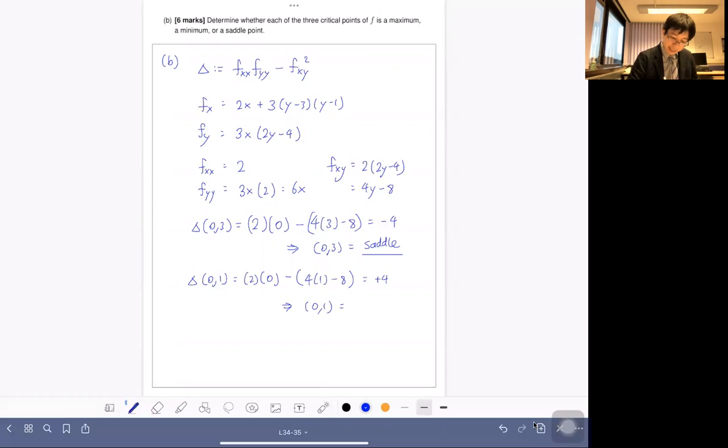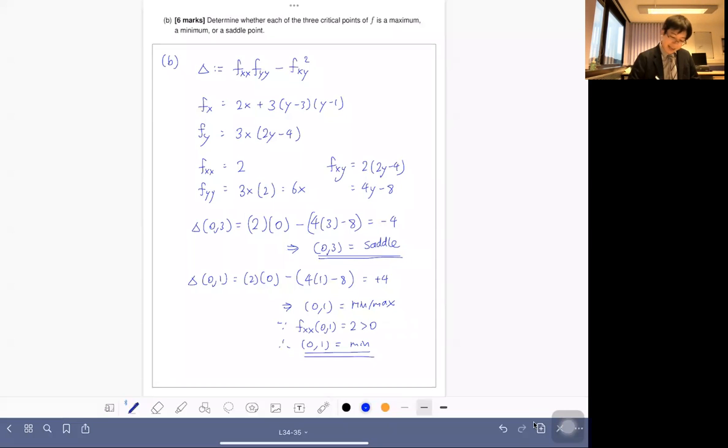To find which one it is, I need to check fxx. Since fxx at 0, 1 is 2, which is larger than 0, that means it's a minimum. So 0, 3 is a saddle point, and therefore 0, 1 is a minimum.